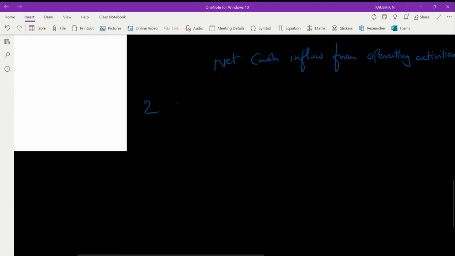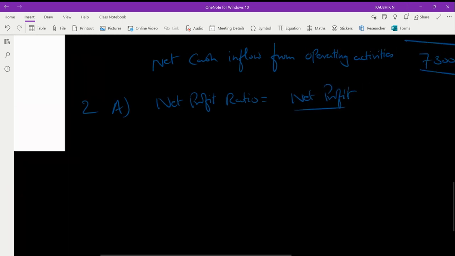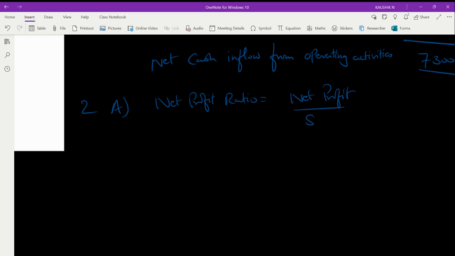So second question, A solution, write what you have to find. Net profit ratio is equal to the net profit divided by the sales into 100.